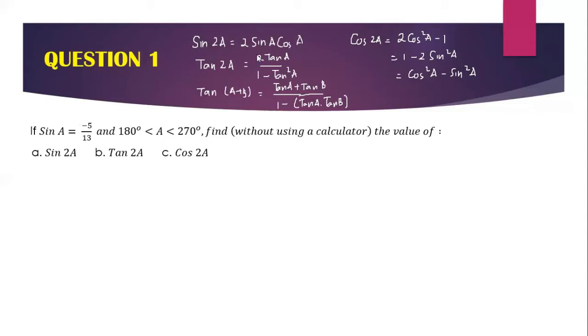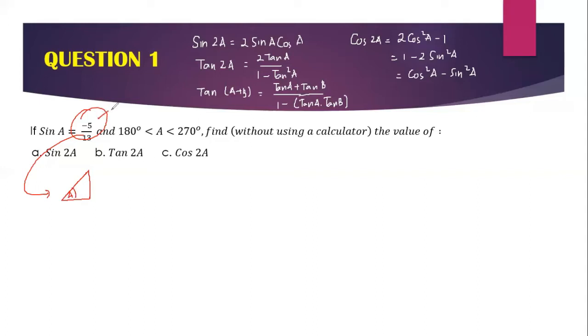This is the question. Sine A is minus 5 over 13, which means you have to draw a right angle triangle. This is A, right?